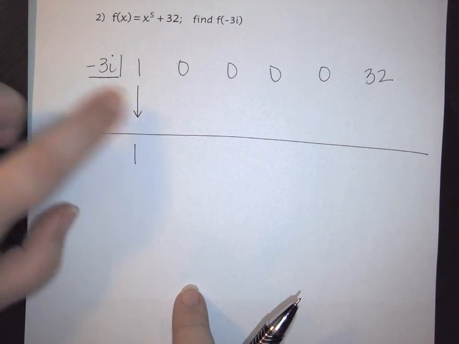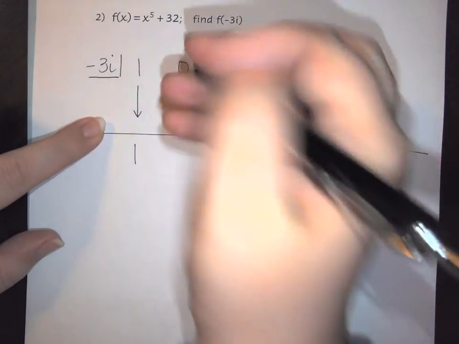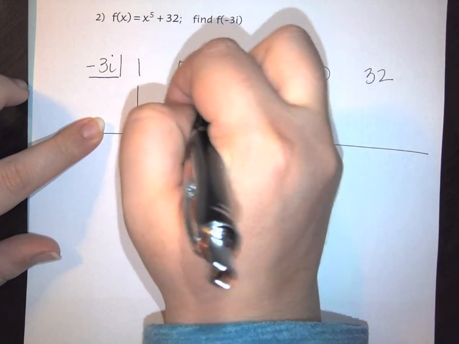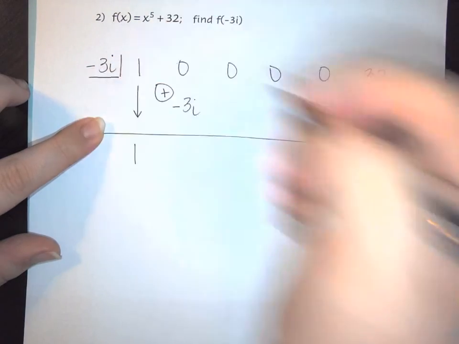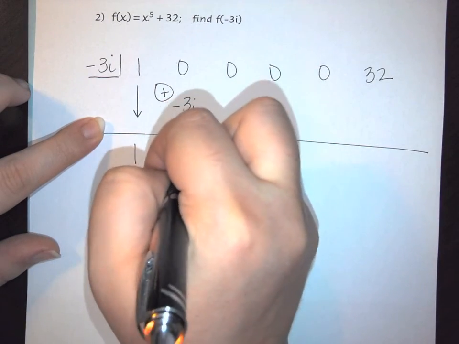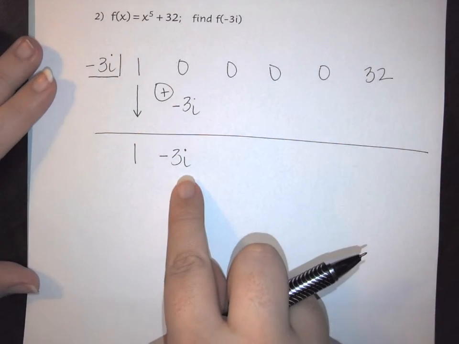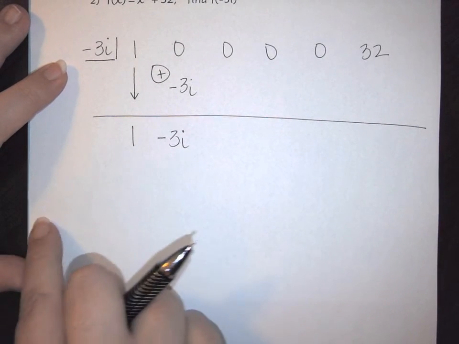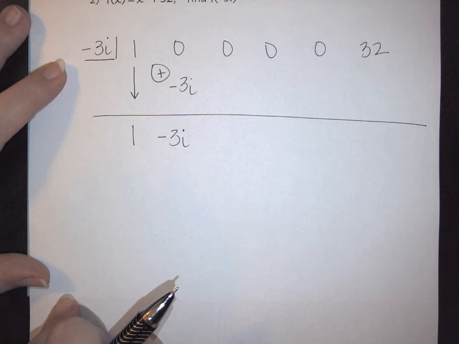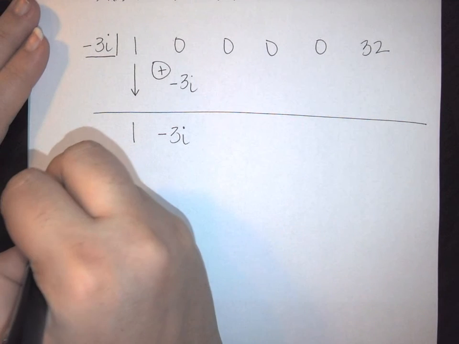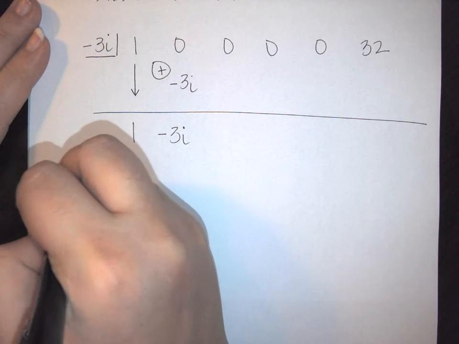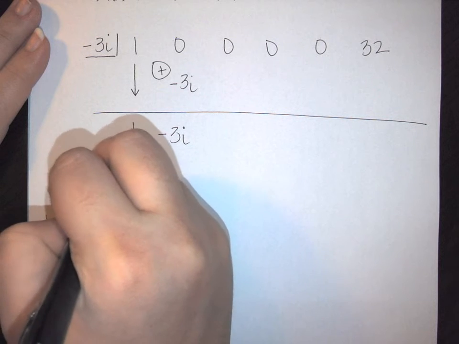Bottom times the factor goes underneath. So this is going to be -3i. We add these together, and this gives you -3i. Then we have to do it again. Here it's sometimes a good idea to run your multiplication off to the side if you need. Remember, here we're doing -3i times -3i.